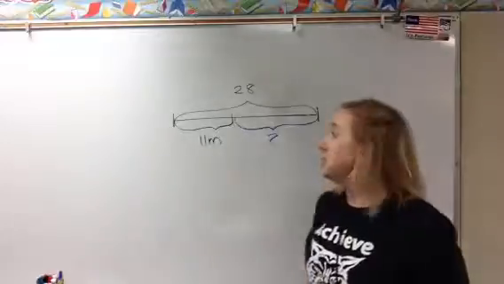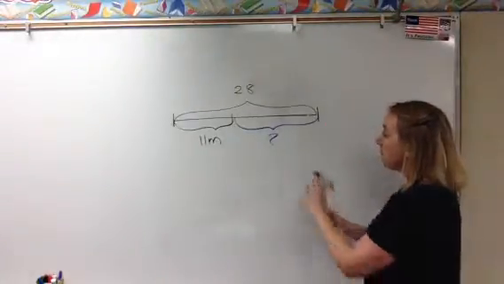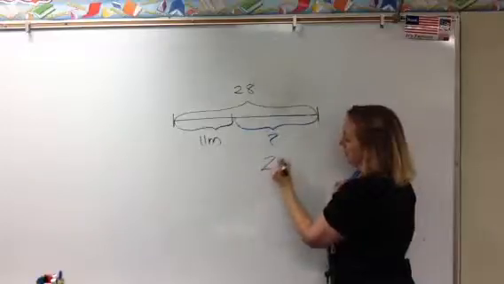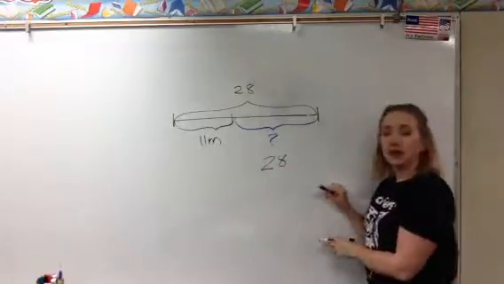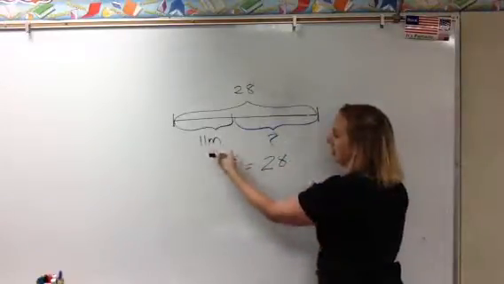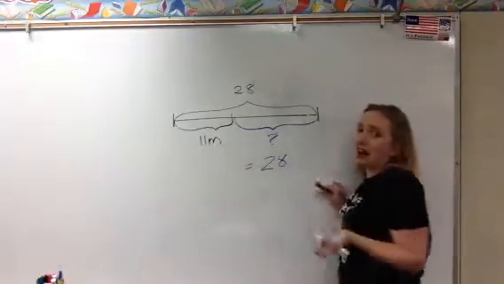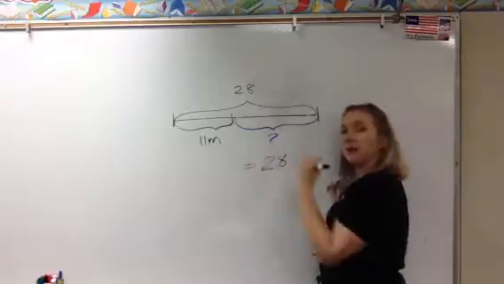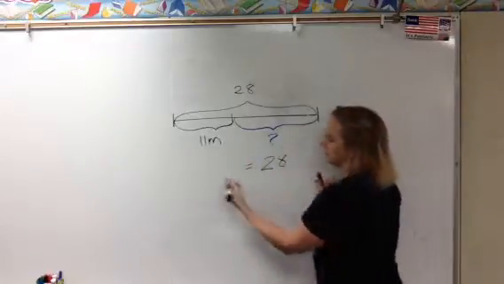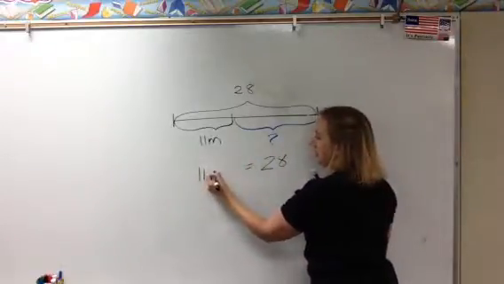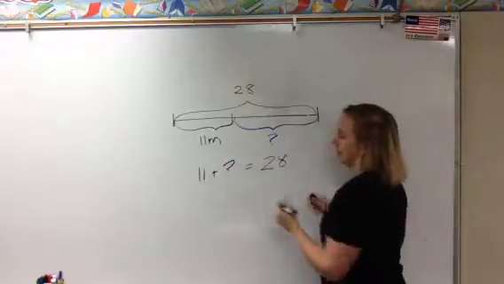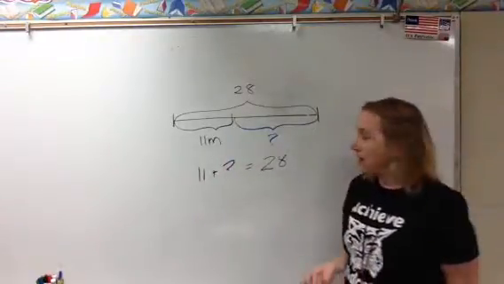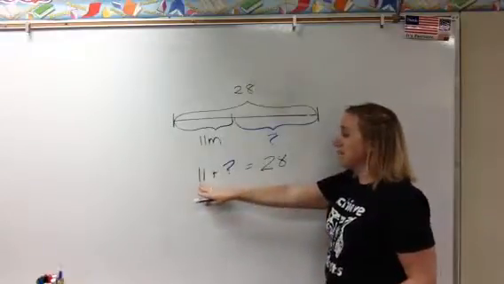So there's a couple of ways you can solve this. If I know that my total length is 28 meters, I could put that down here. And I can say that 11 plus something, I don't know what that is yet, will be the same as 28 meters. So 11 plus something equals 28 meters. Well, then how do I find that? What I'm going to do is minus 11.